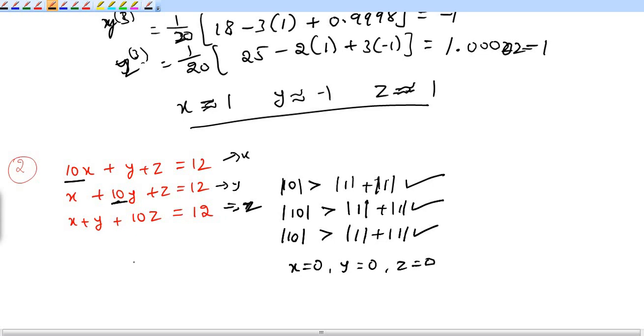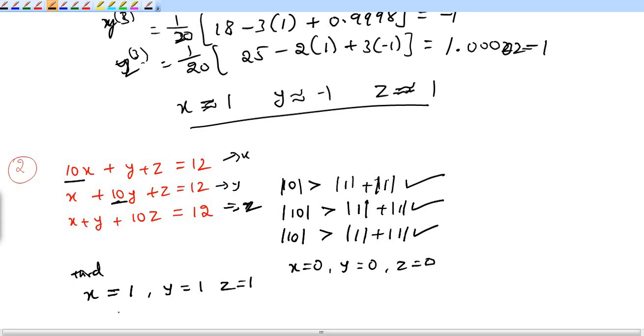You will get, at the end of the third iteration, x is equal to 1, y is equal to 1, z is equal to 1. This is an approximate value.